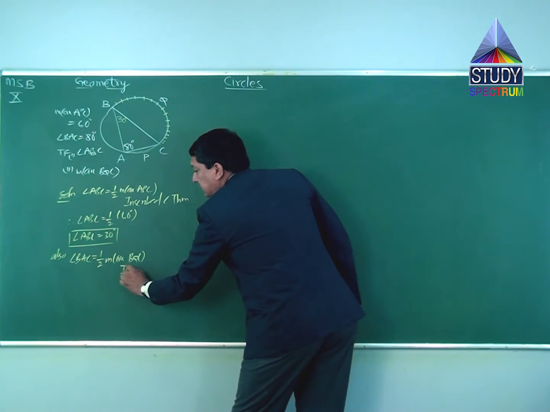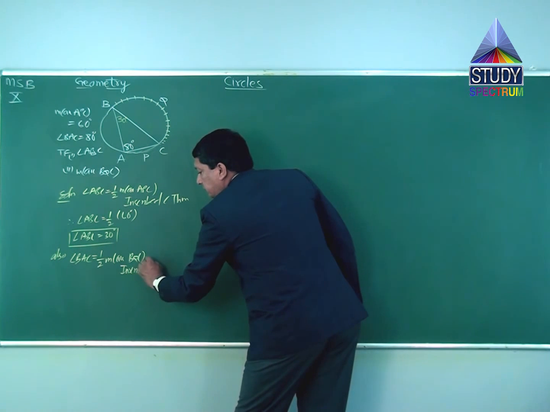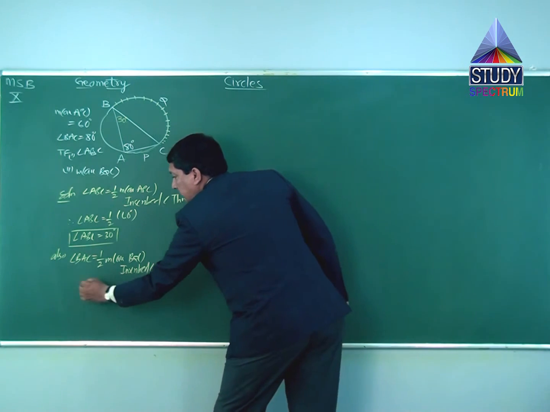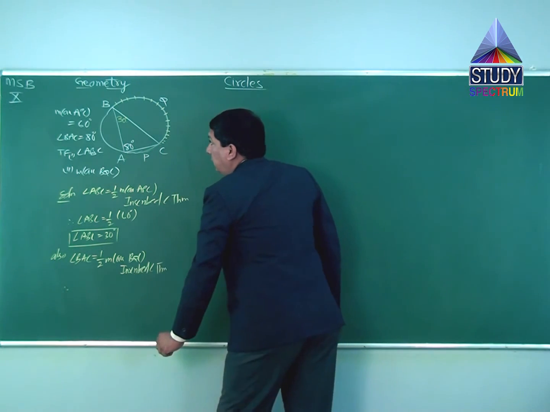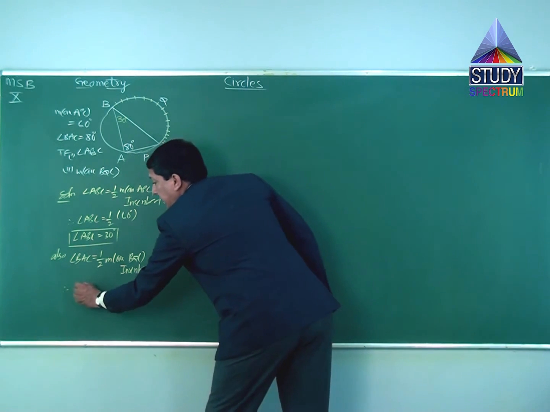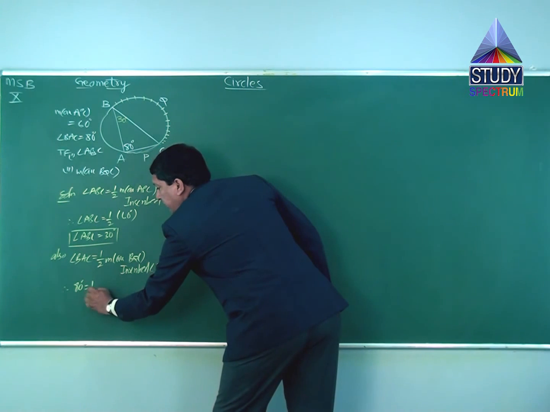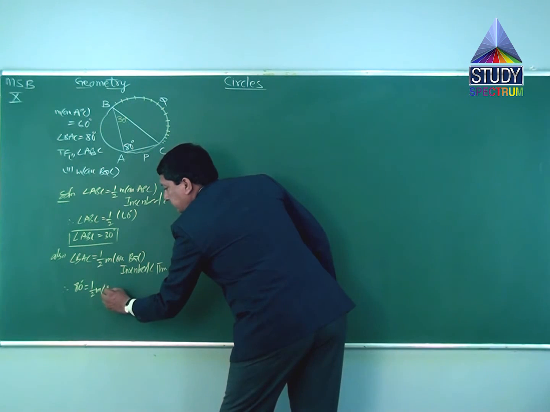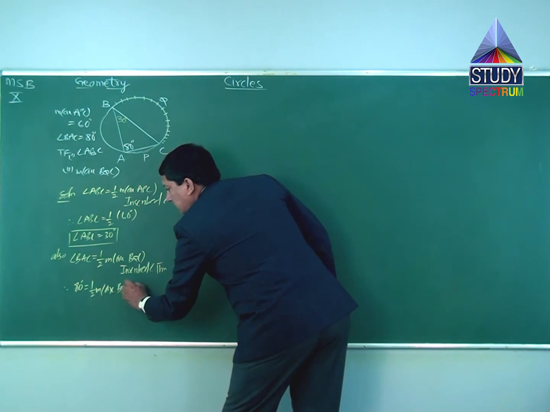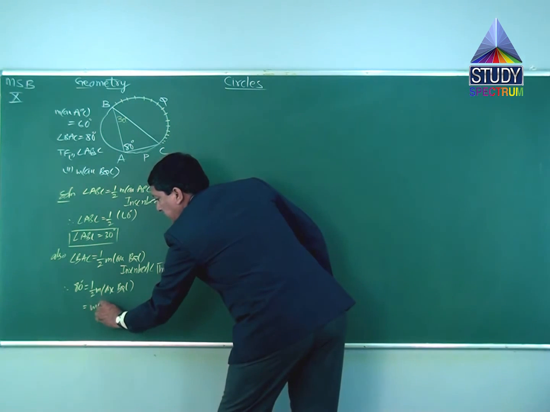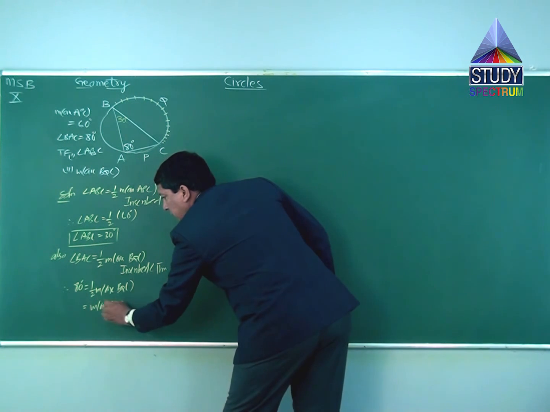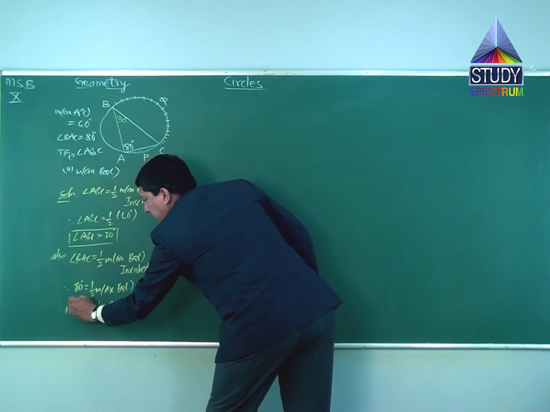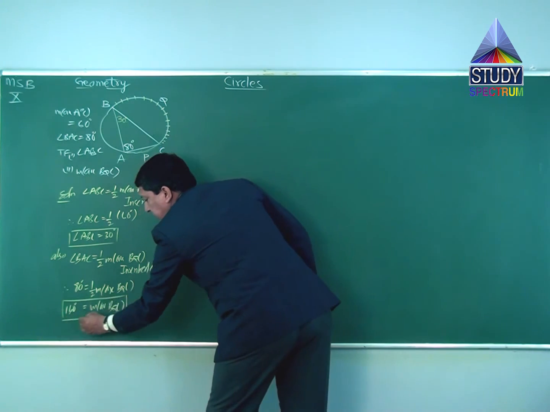The reason is the same, the inscribed angle theorem. Therefore, 80 degrees is equal to half the measure of arc BQC. Therefore, the measure of arc BQC is 2 into 80, 160 degrees.